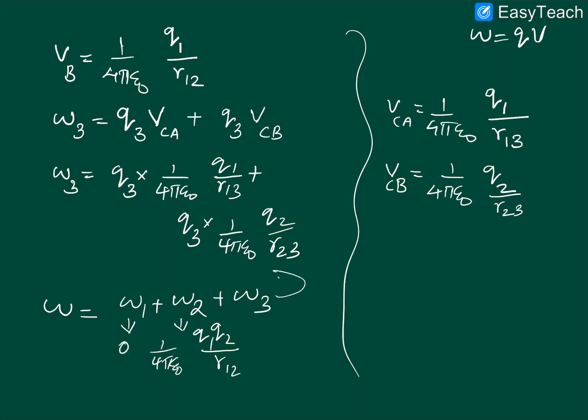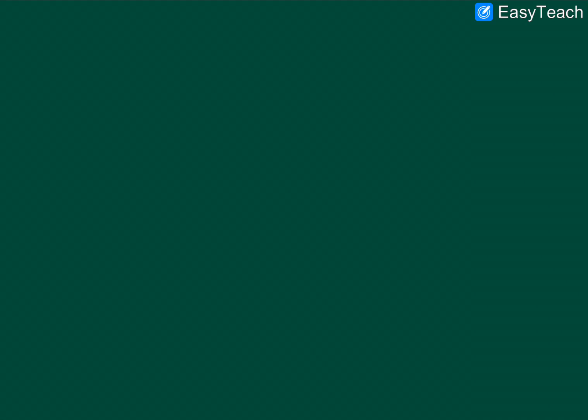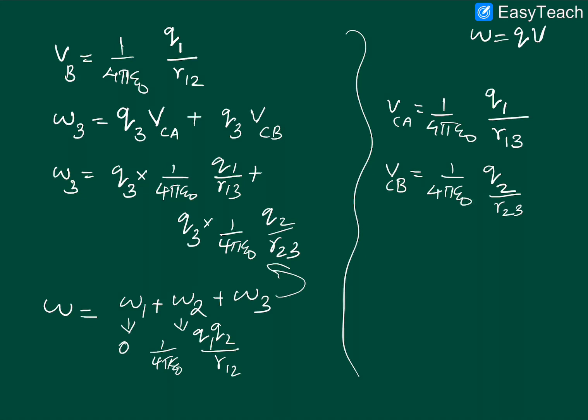And what is W3? It is here. There will be two terms. Okay, so net work done in this total process is 1 by 4 pi epsilon 0 Q1 Q2 by R12 plus the other two terms.